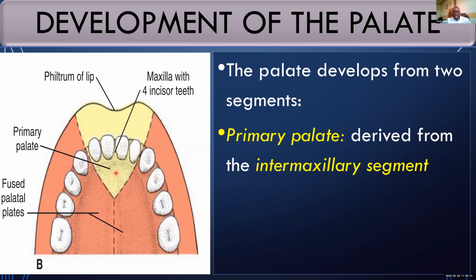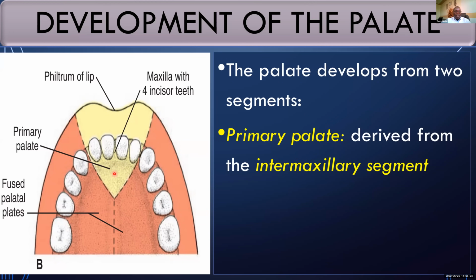The primary palate is derived from the intermaxillary segment. The intermaxillary segment is the fused right and left nasal swelling, or fused right and left nasal prominence. So that is what will give us the primary palate.